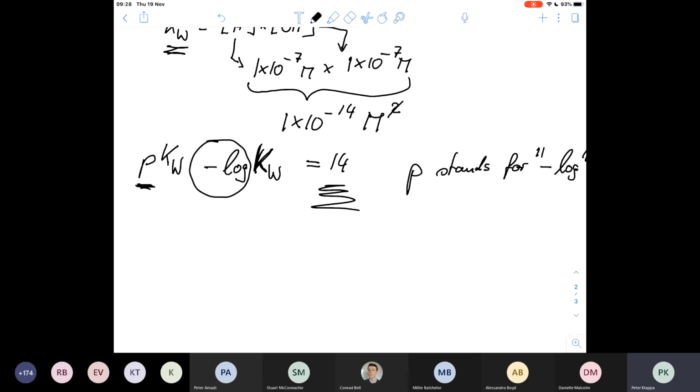Now, we talked about strong acids and weak acids. What is a strong acid? How do we define a strong acid?